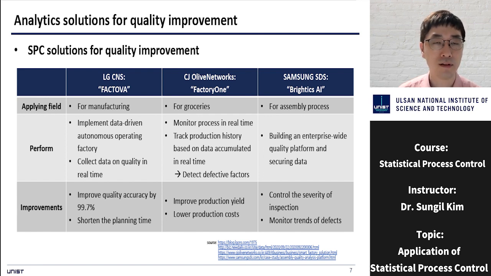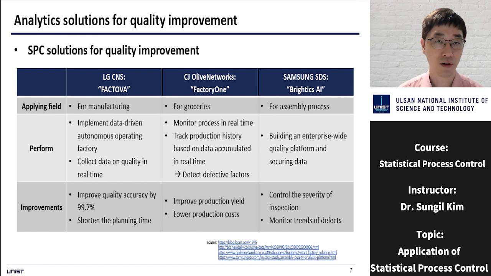For example, LG CNS provides a smart manufacturing platform, Factova, to maximize process efficiency and minimize defect rate based on big data and AI technologies. It was reported that Factova shortened the planning time by 2 to 3 months and improved the accuracy of fault detection up to 99.7%.